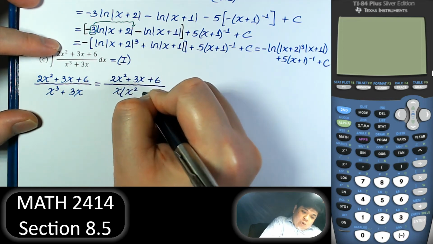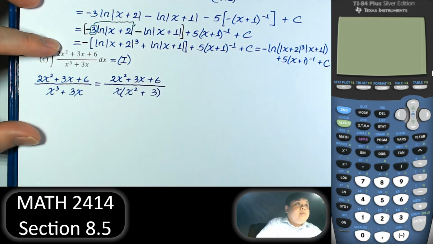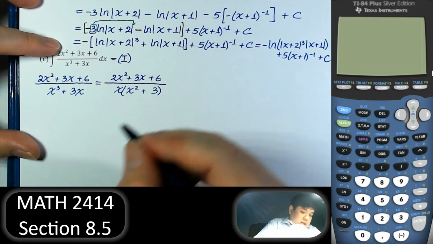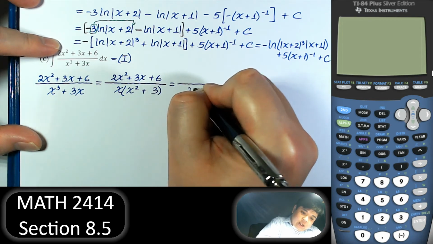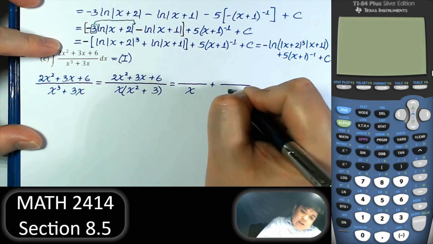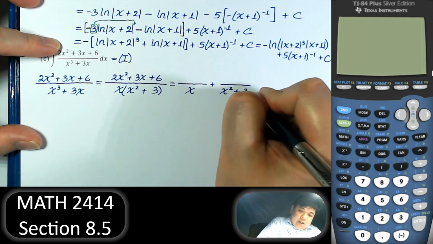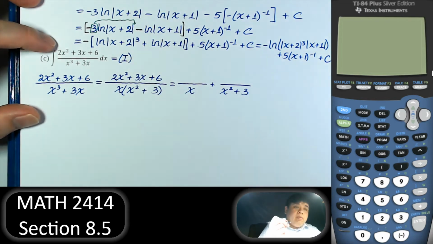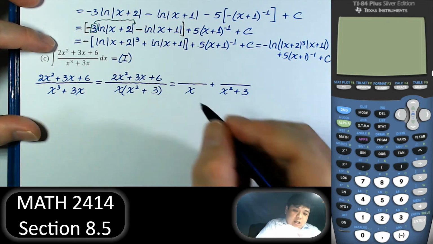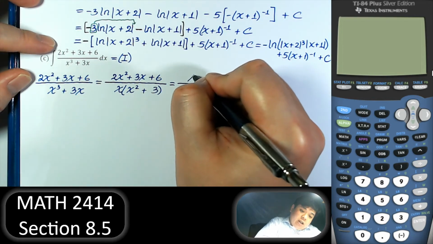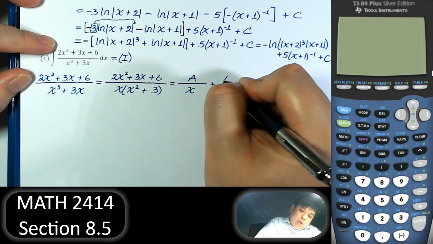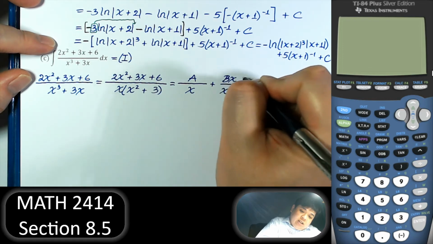We have x squared plus 3, which we can decompose. For a linear factor, we're just going to need the constant on top. For a quadratic, we need a linear factor.